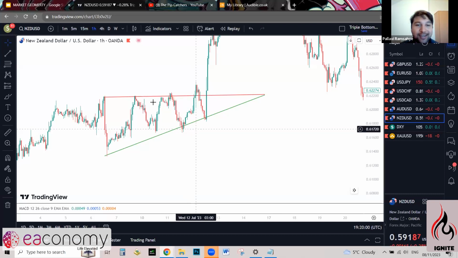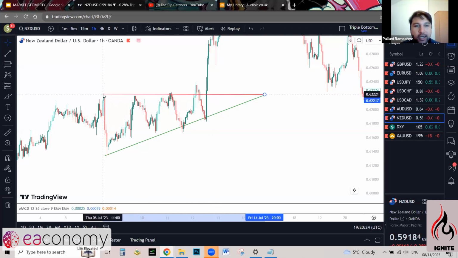Okay, that's surprising. We do have the two testing points of the resistance, but we don't have the 3 testing points. I mean, you could use this as the 3. So 1, 2, 3. However, it is quite messy, so I wouldn't really use this personally because it's not a clean pattern.